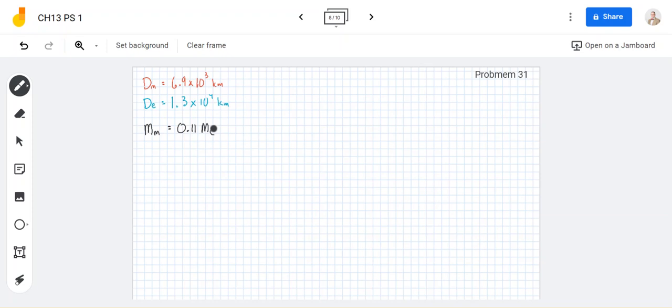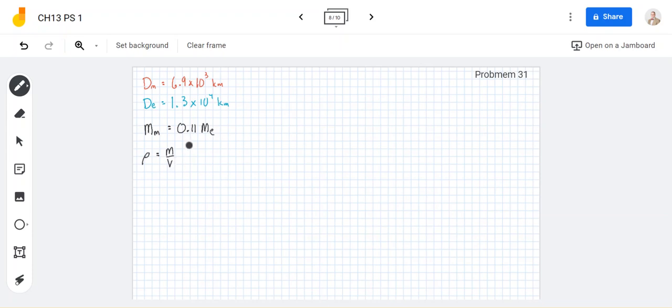What is the ratio of the mean density, mass per unit volume, of Mars to that of Earth? All right. So the idea is we're talking about the density, so it's mass per unit volume. So for the density, we're going to use rho, the Greek letter rho for density. It's mass per unit volume.